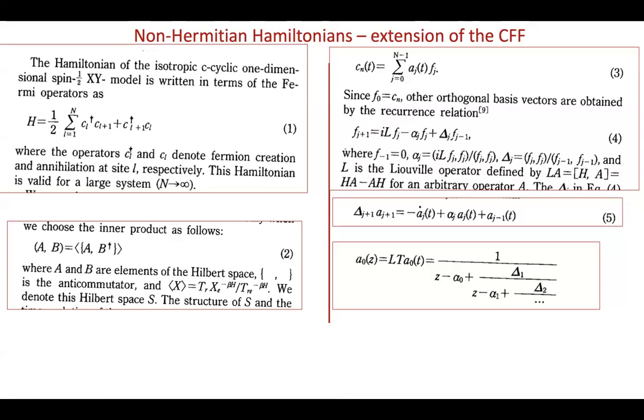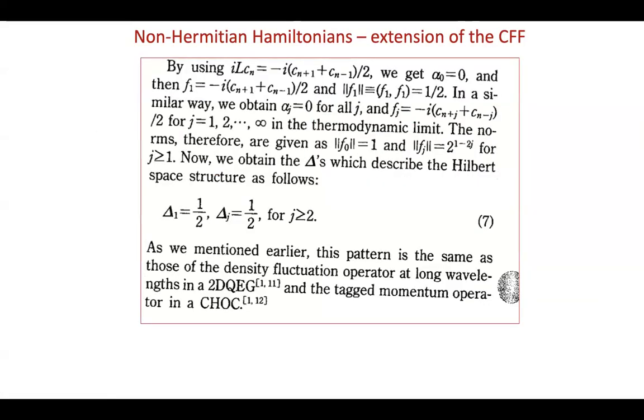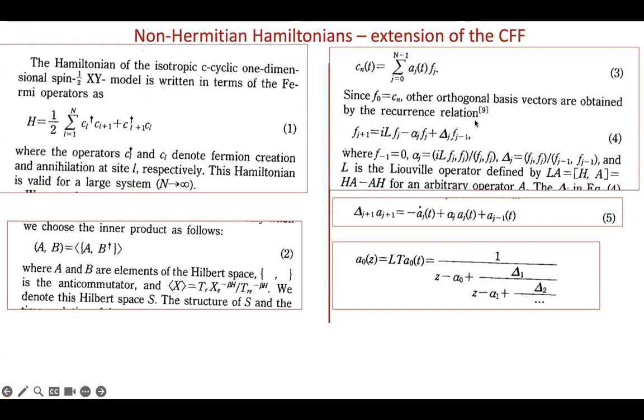He calculates the f's exactly, and if he starts with f_0 as some operator C_n, he can actually calculate exactly what f_i is. This is f_i. f_i is i^i times (C_(n+1) plus C_(n-1)) divided by 2. It comes from the revised recurrent solution, the one that we just talked about.